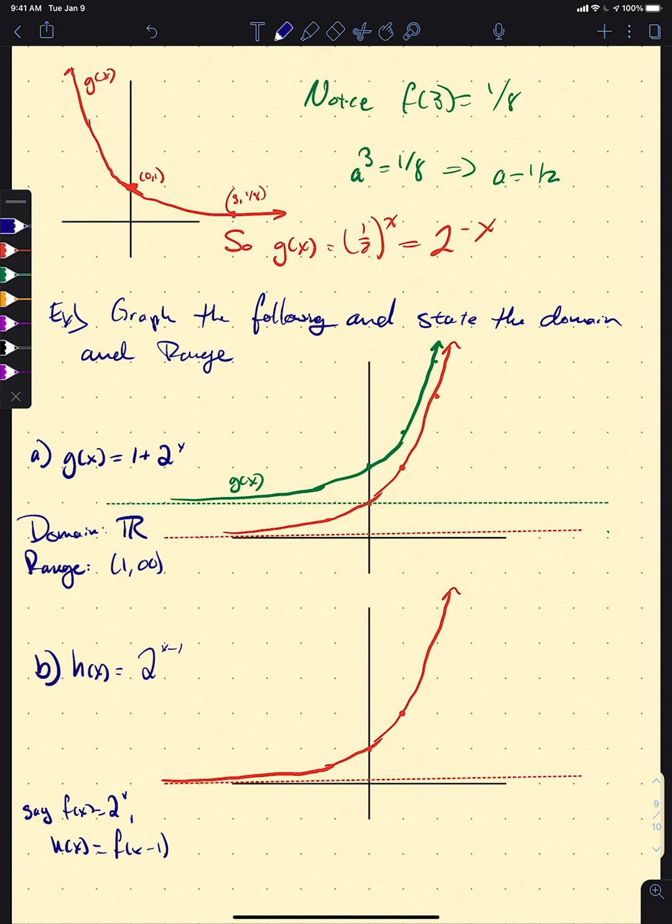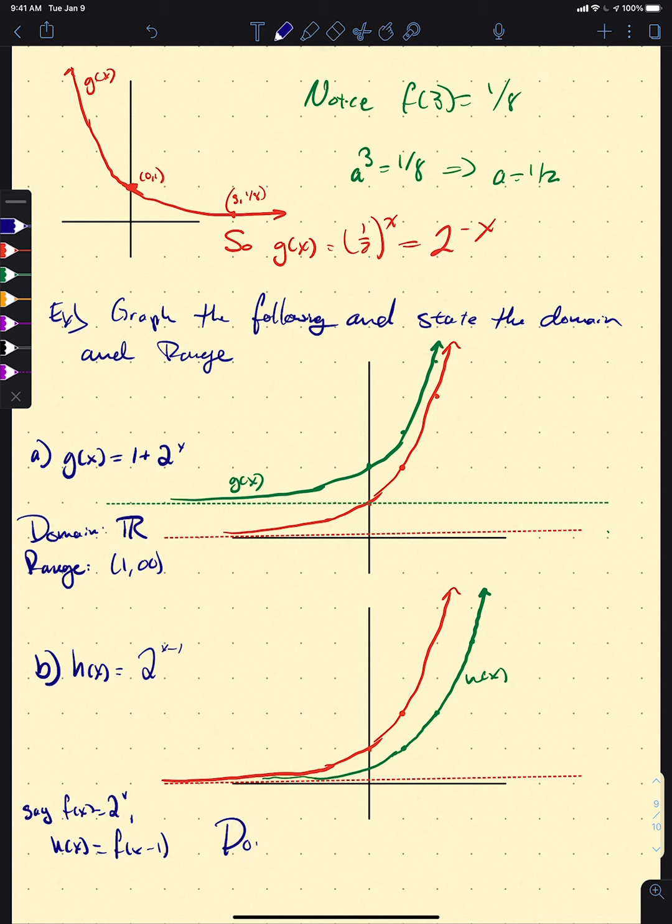So that means that we're shifting our whole graph to the left. It's fairly simple, because we just take each of these points and move them 1 unit to the left, and we get a little something like that, right? This is h of x, okay?